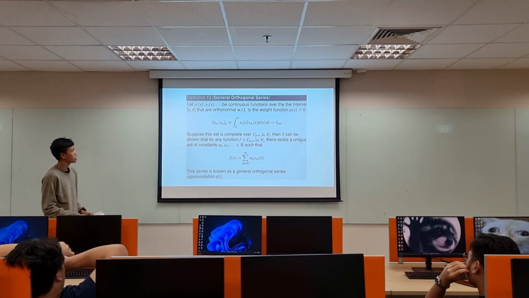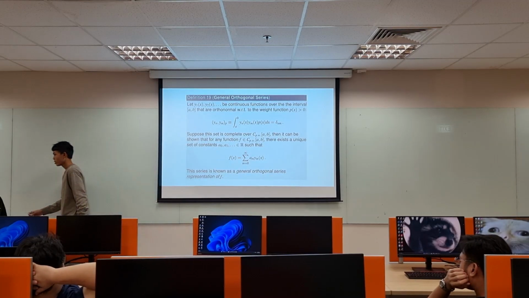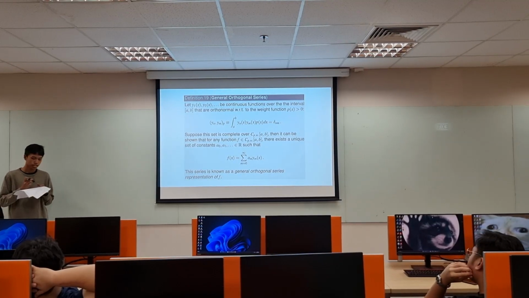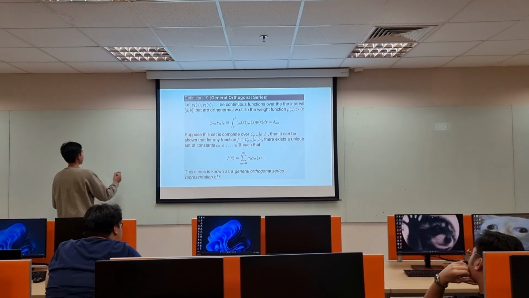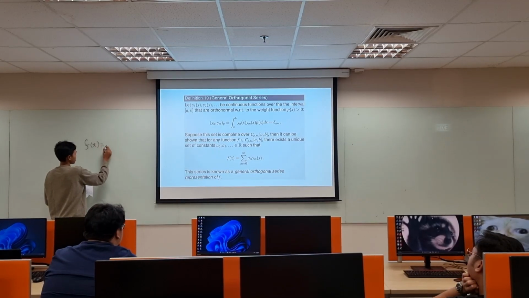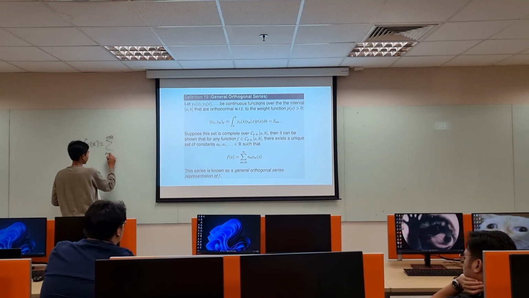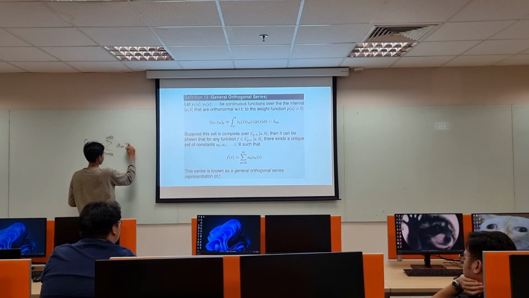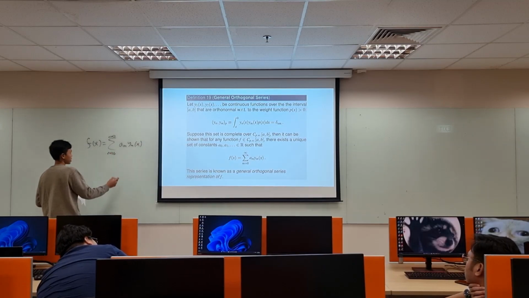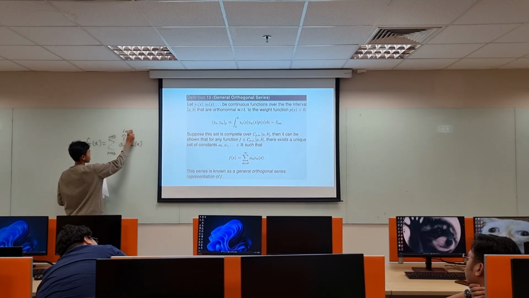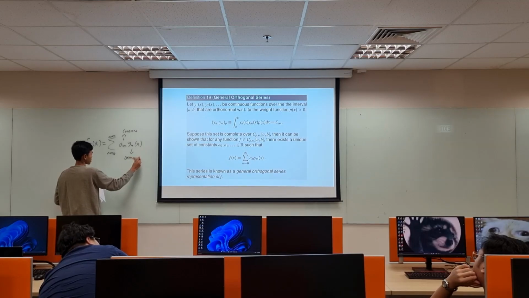The definition of the orthogonal series is that we can approximate f(x) with the summation over m equals 0 of a_m times y_m(x), where a_m is a constant and y_m(x) are orthogonal functions.